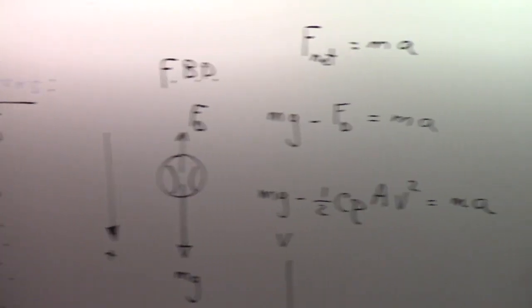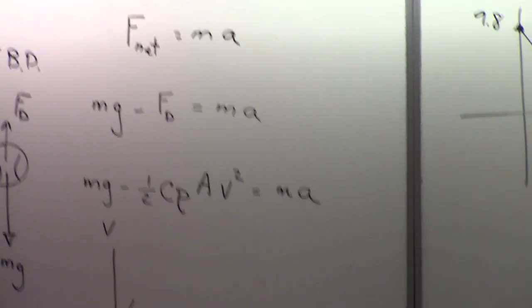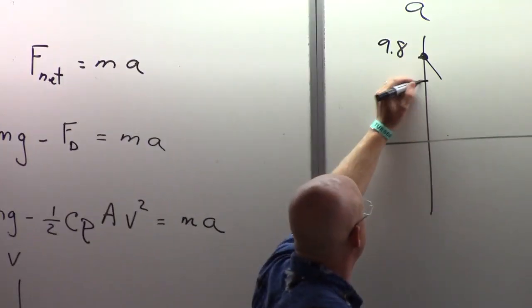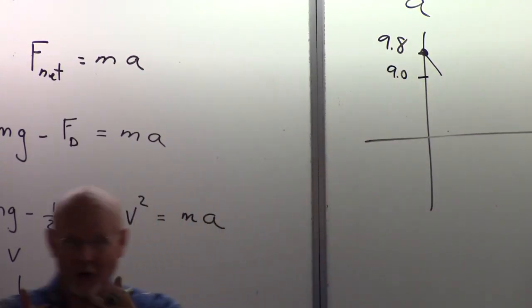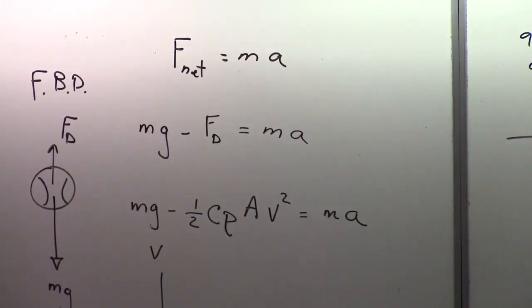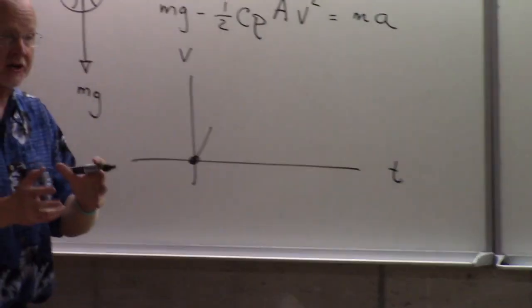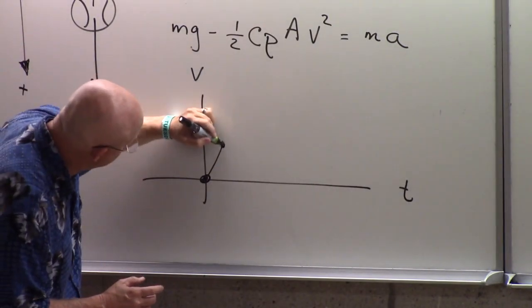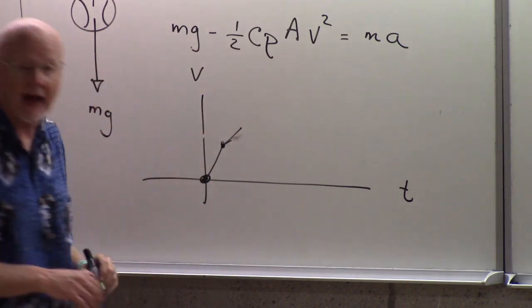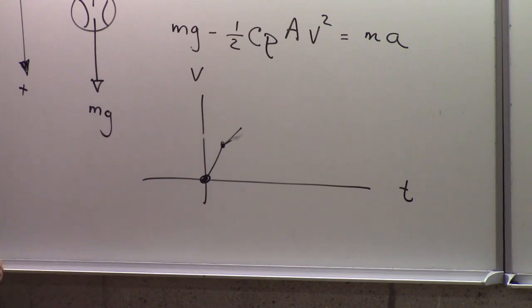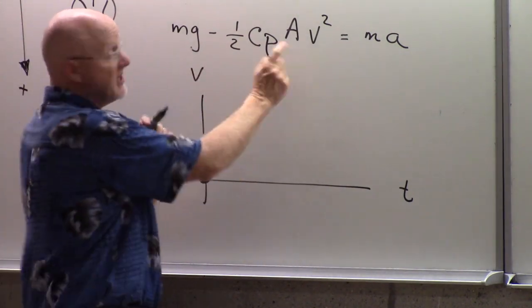Now, I want to emphasize when it has an acceleration of 9, that of course still means it's going faster. It's just not going faster at the same rate. So maybe my velocity graph would arc over like that. But it would still go faster. And what I want you to see then is if it would go faster, that means this number would get bigger.